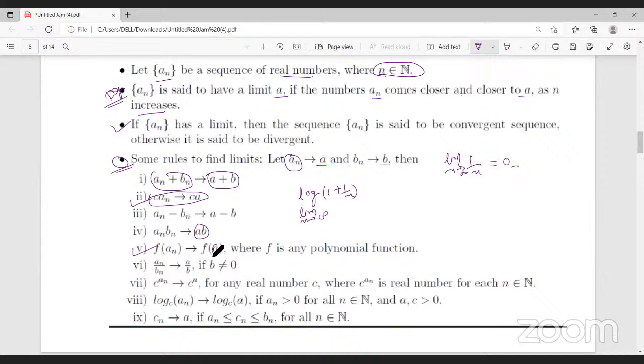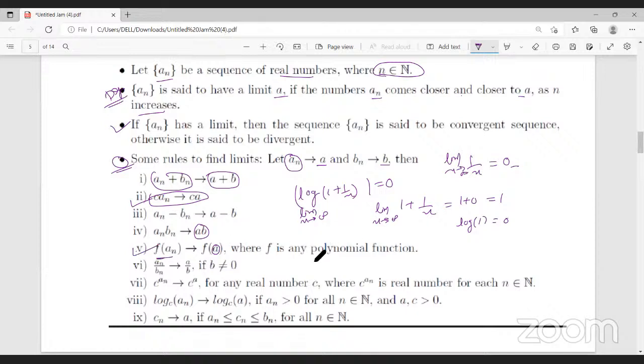If I put x equals infinity, 1 by x is 0, so that is 1 plus 0 equals 1. Log of 1 is 0. So the limit as x tends to infinity for this function will be 0. This is an application of this property.